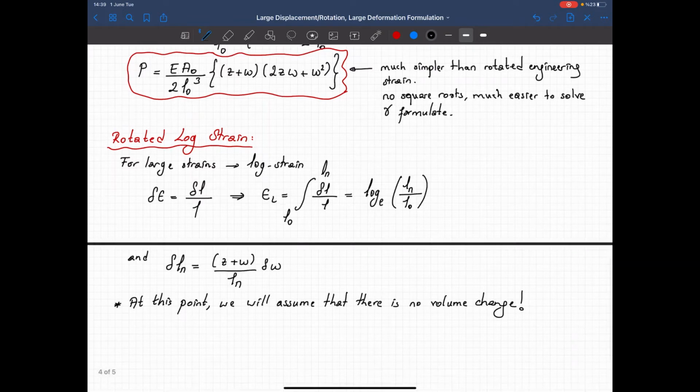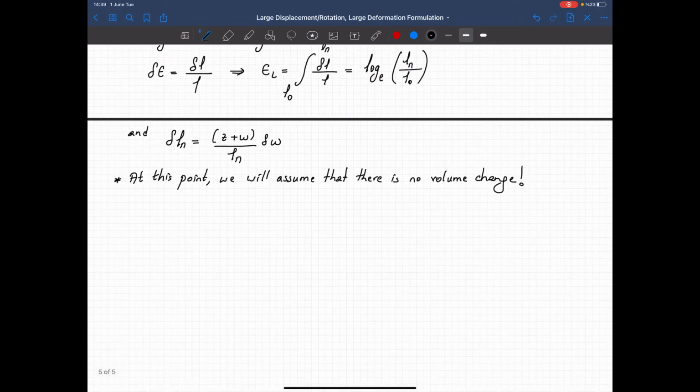Okay, so with this assumption I can write the first variation of the total potential energy functional as follows: stress, the variation in the strain, integrating with respect to the initial volume again, not the final volume, minus P times the virtual displacement.